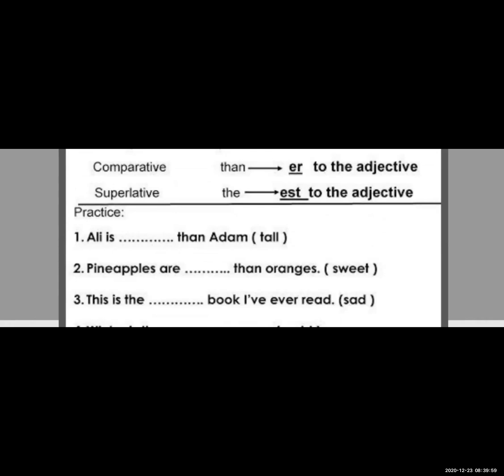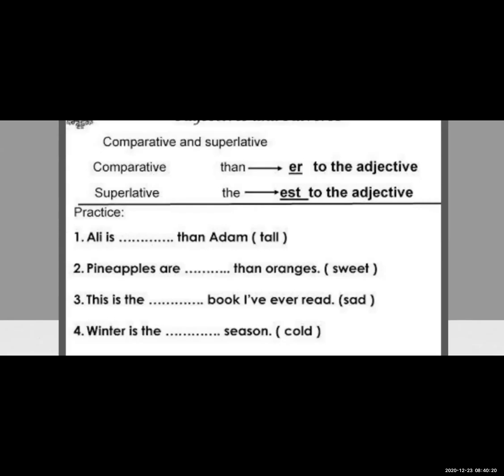Sweet will become sweeter, because "than" is there. So when "than" is there, at that time what you will use? Sweet will become "sweeter." This will be the adjective in this comparative form.